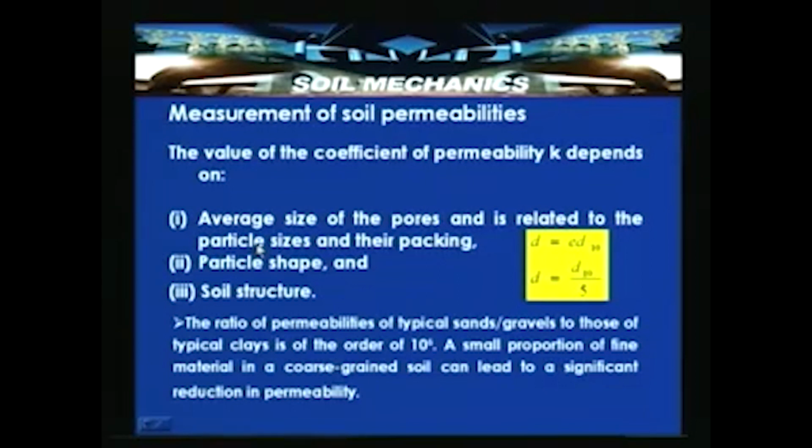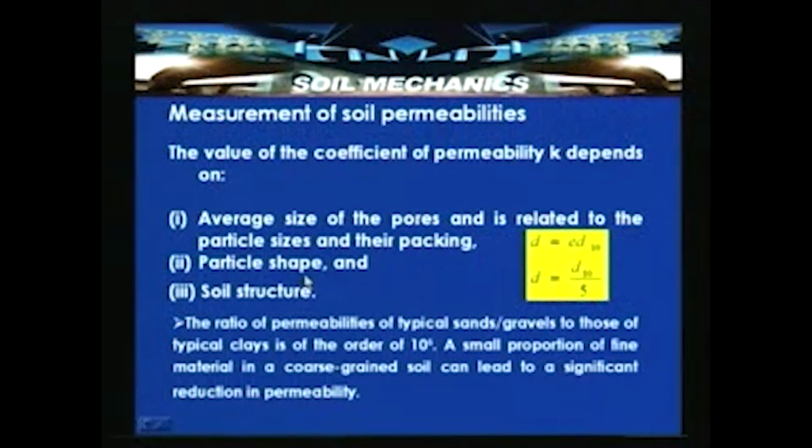We have discussed earlier that particles with a rounded arrangement can have large pore spaces, so in those cases the permeability can be high. If the particles are subrounded or angular in shape, the flow can be affected because of the interaction of the water as it flows through the pore channels passing through angular particles. Then there is the soil structure, that is, the arrangement of the particles.